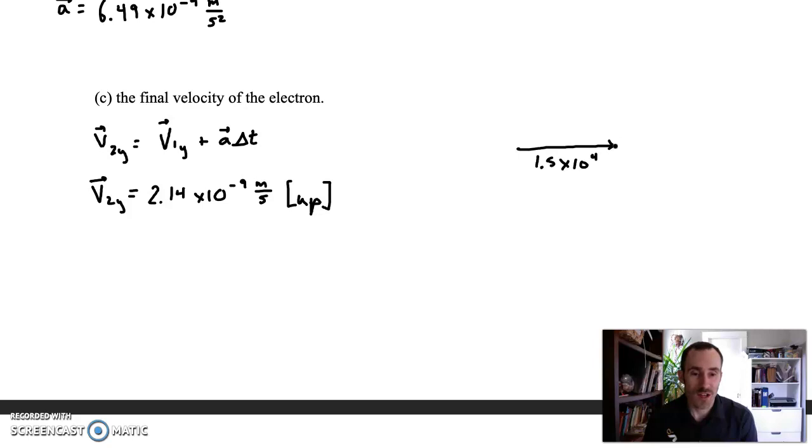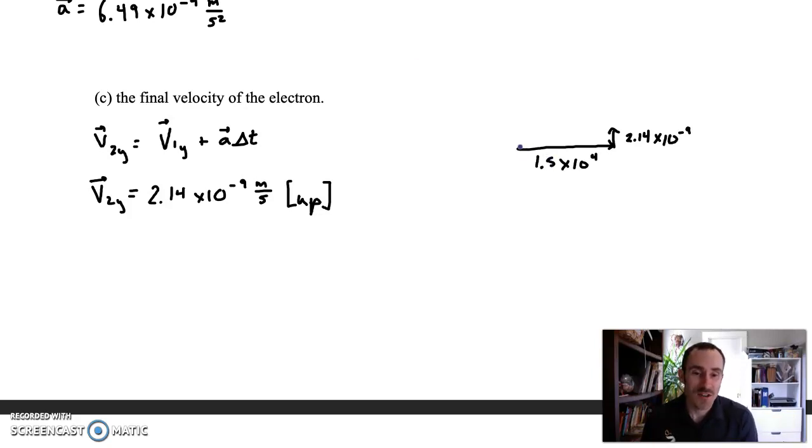Here's the vertical velocity. I'm not going to draw this to scale because it is negligible, really. So this is 1.5 times 10 to the 4, 15,000 meters per second, and this is 2.14 times 10 to the negative 9. It's so small, it's not really going to make a difference in the end.